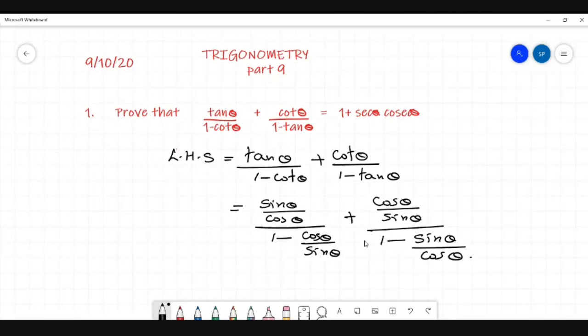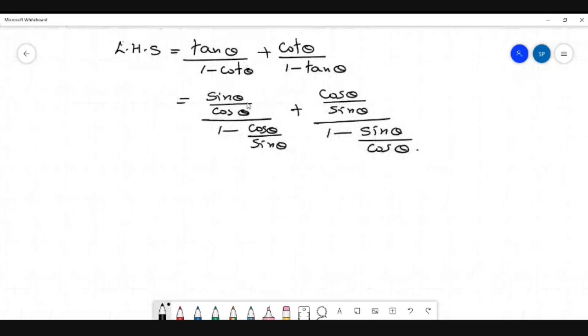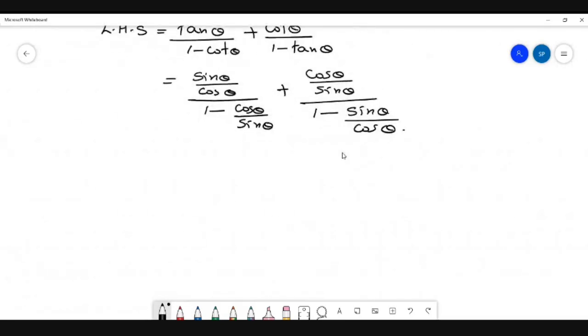Now here we converted tan theta as sin theta by cos theta, cot theta as cos theta by sin theta, and here cot theta is written as cos theta by sin theta, tan theta is written as sin theta by cos theta.